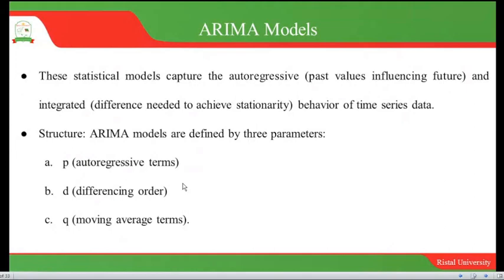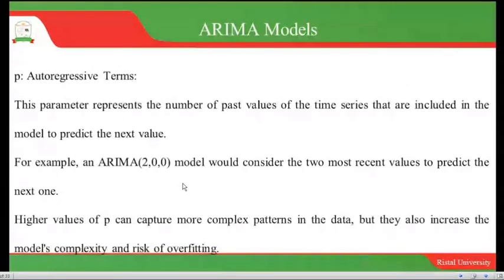Letter P, the autoregressive terms, is a parameter that represents the number of past values of the time series that are included in the model to predict the next value. So P gives us some values of the past, and we are giving an example here.